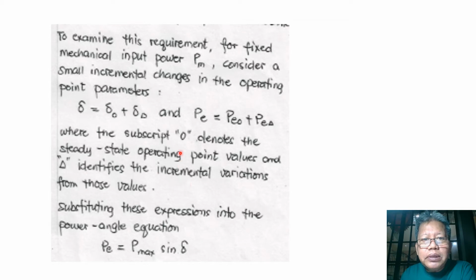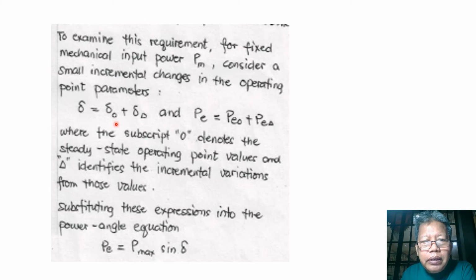Now, to examine this requirement, for fixed mechanical power input PM, consider small incremental changes in the operating point parameters, like the displacement angle of our generator, delta, which is written as delta O plus delta delta.